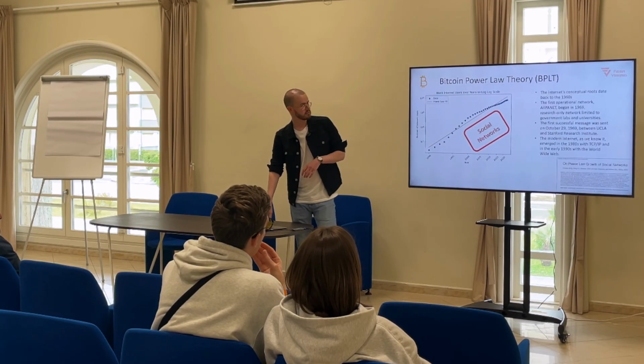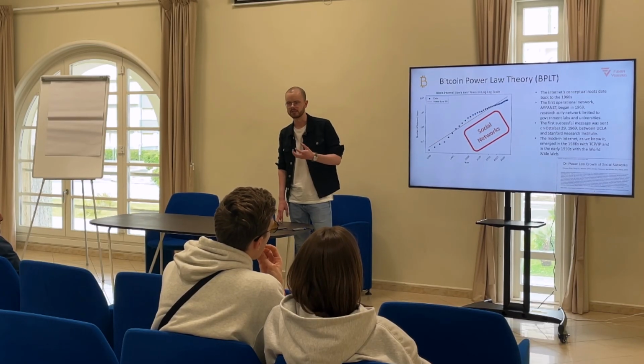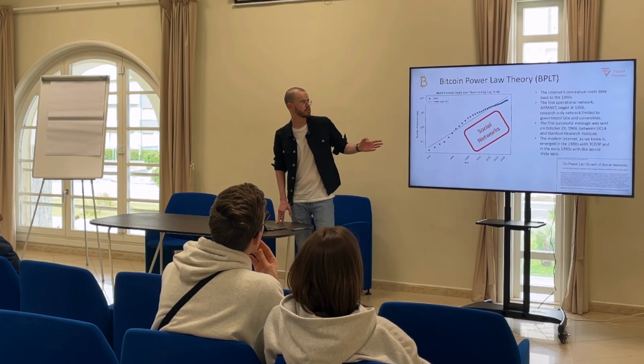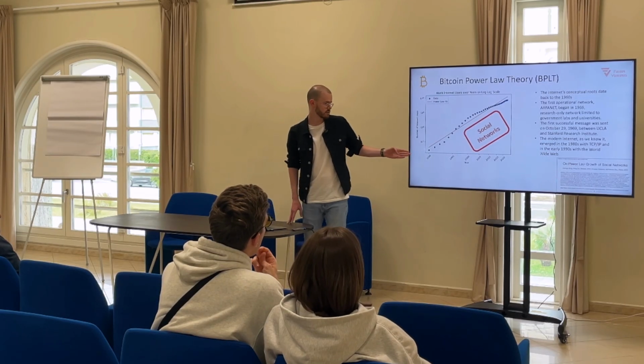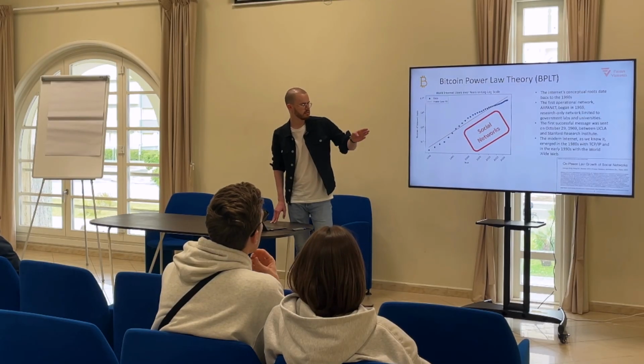And the social network is something that lends itself as a good analogy to Bitcoin. Here I have the chart of the internet adoption over the years. And the data started to be collected in the 90s all the way until today.